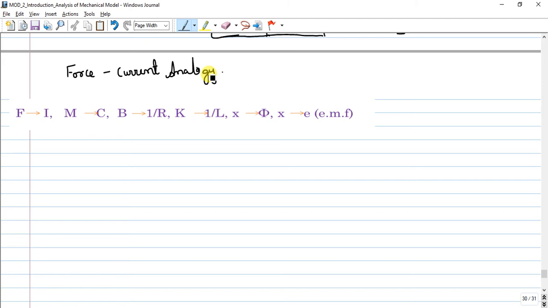In the force current analogy, we shall consider the replacement: force F in terms of I, mass as capacitance, B as 1 by R, K as 1 by L, X as flux, and X here is E, the EMF. X is displacement, whereas in the electrical network there is integration of voltage multiplied by dt.